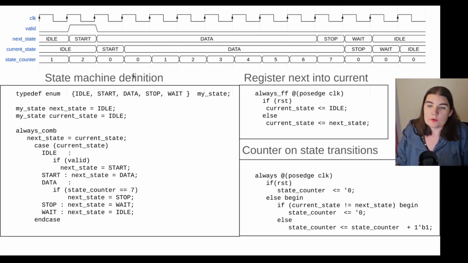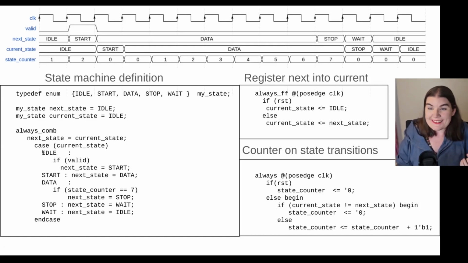Say, for example, my transition from idle to start was not just triggered by valid. Say it was triggered by an AXI stream, 3 signals: ready, valid, last.